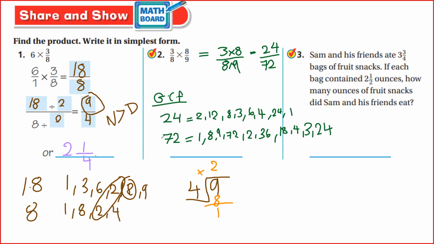You multiply them, you get 72. So now, what is the greatest common factor here? 24. 24, bravo.